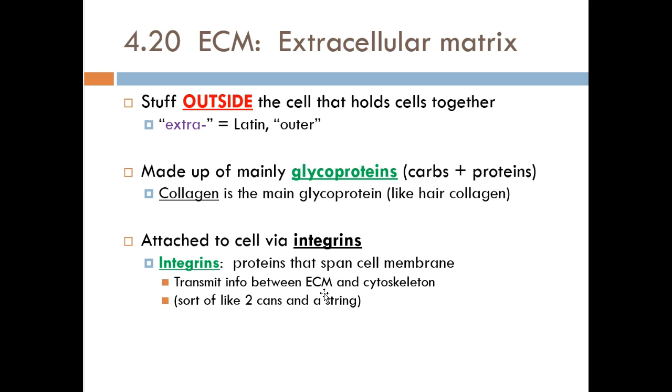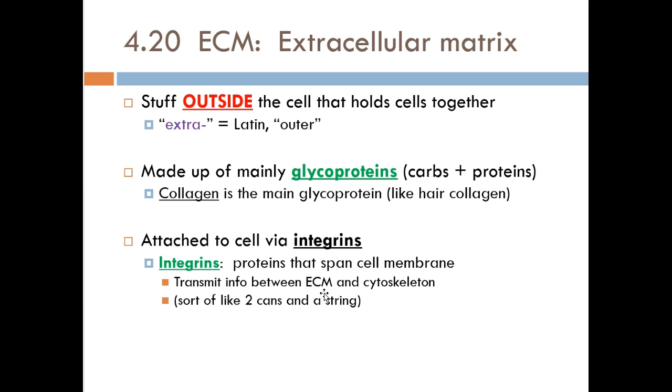We also talked about these extracellular matrices and what's on the outside of the cell. These extracellular matrices are stuff on the outside of the cell that holds the cells together. They're made up of glycoproteins, which are basically some sugars and some proteins put together. They hold the cell together, and some of them are going to have specific functions.